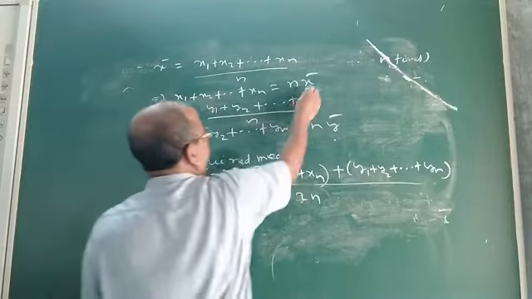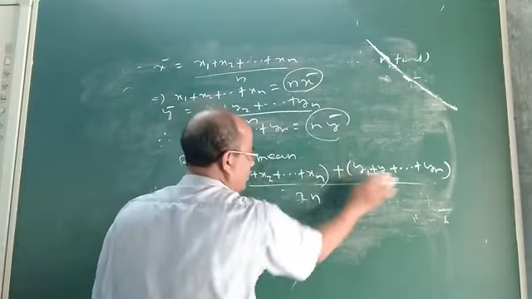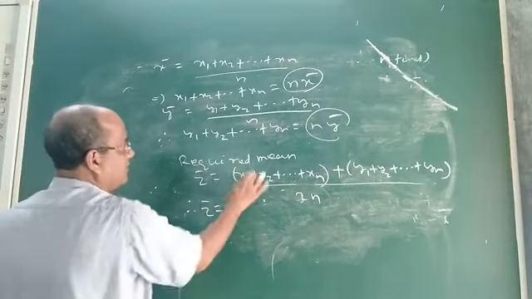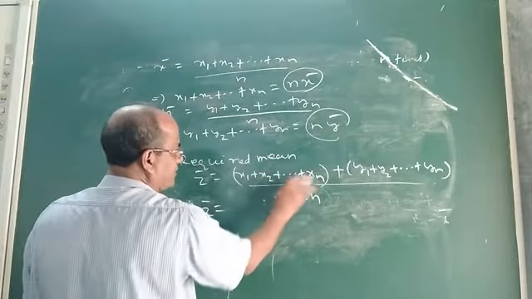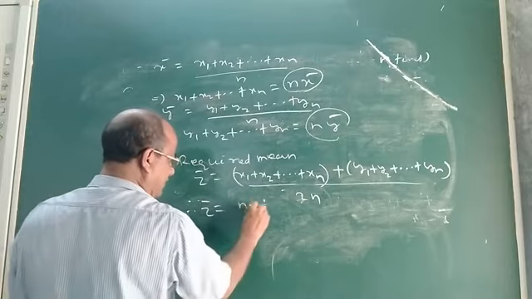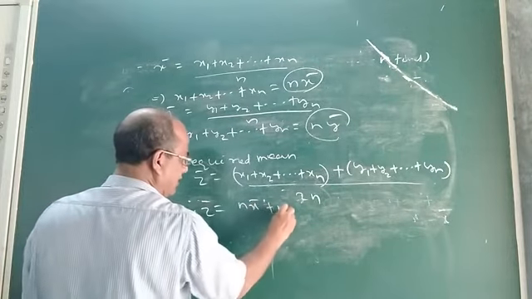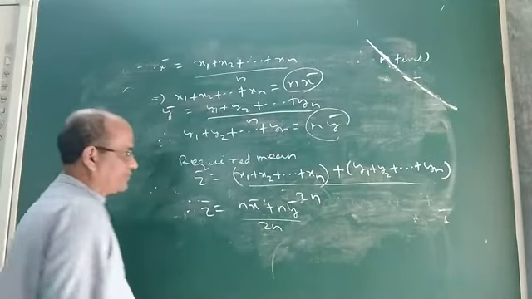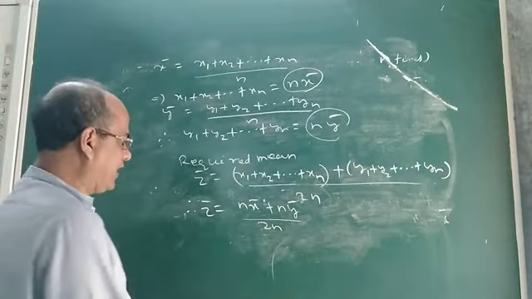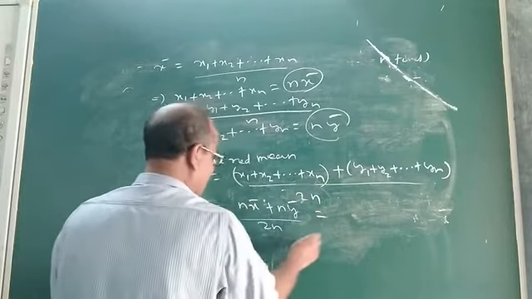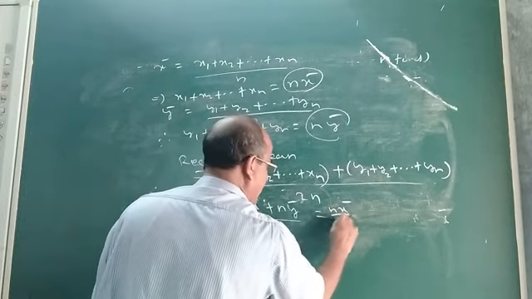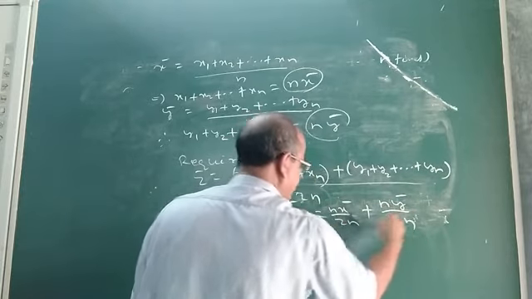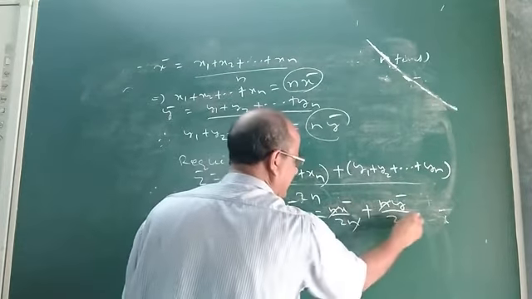Okay. Now put this value and this value here. So what will be z bar? In place of the sum of these observations, you put n x bar plus n y bar divided by 2n. So this will be equal to n x bar by 2n plus n y bar by 2n. Now you cancel n and n.